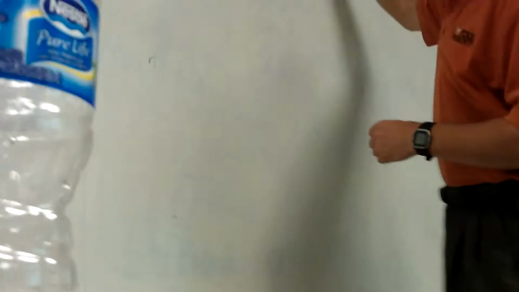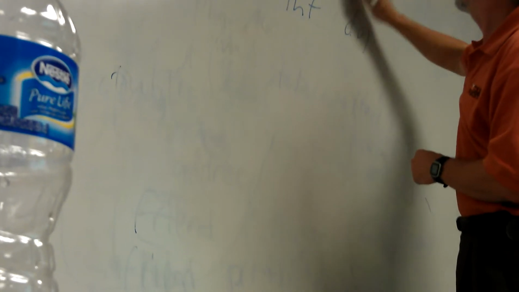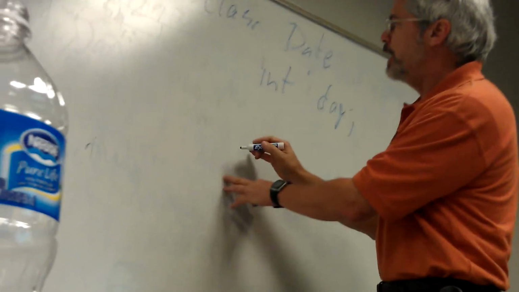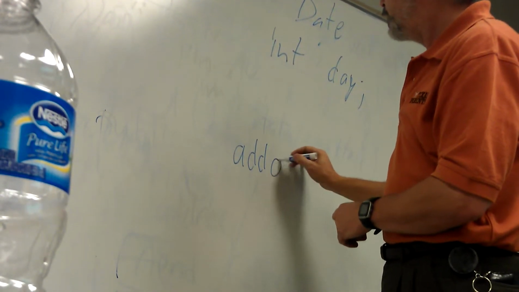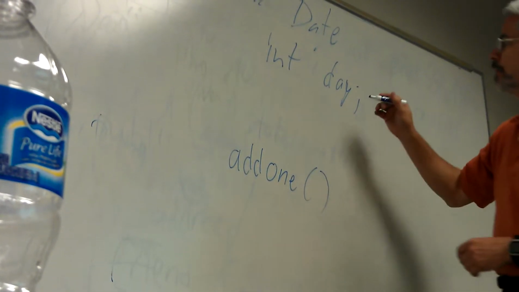Let's say that I have this thing called day, and I want to go and add one date to it. So I have a class date, and in there I've got my int day, right? Later on I want to have a function, and I'm going to call it add1.